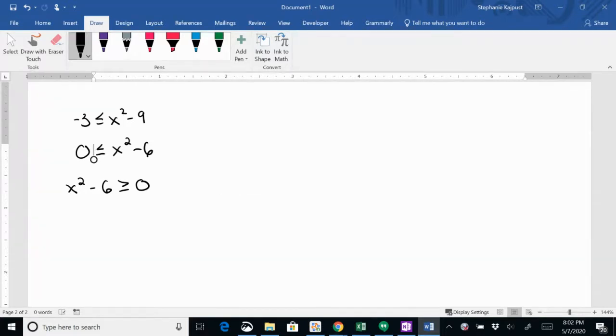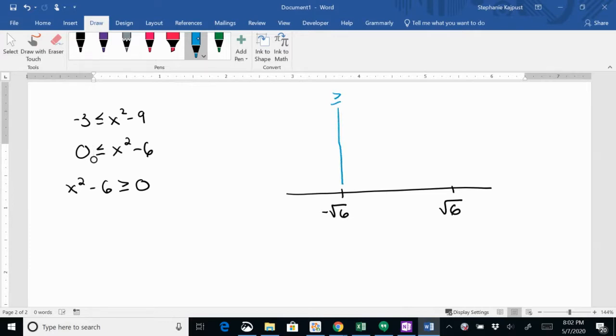So I'm going to make my sign chart. And we had negative square root of 6 and positive square root of 6 on my sign chart. Because it's a greater than or equal sign, I am allowed to include the endpoints.